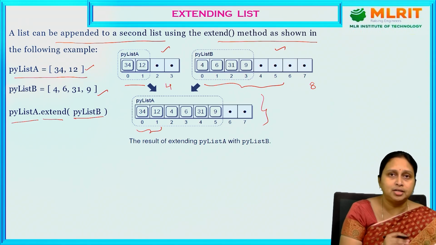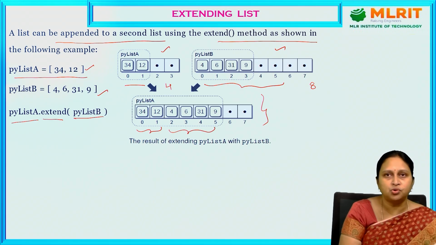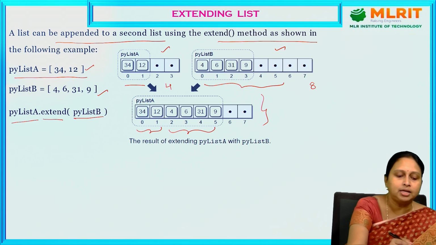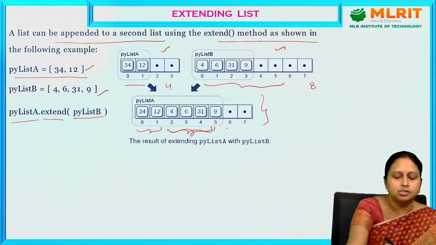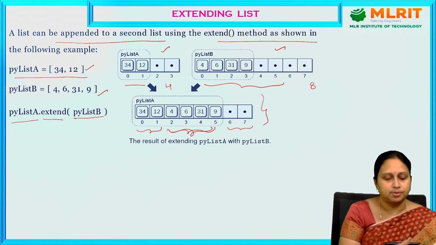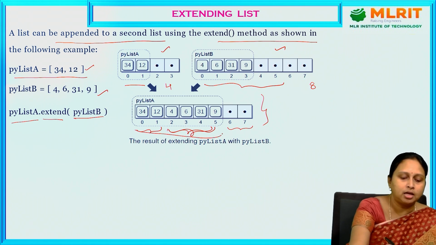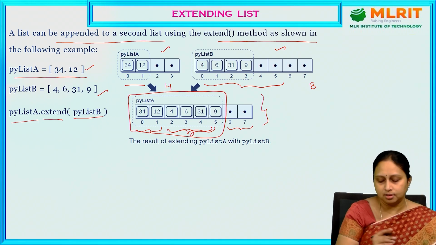The end of list A will be extended with the remaining elements, that is 4, 6, 31 and 9 will be added to list A. So we are still left with 2 more spaces, we can store or append 2 more elements into the list, right? This way we can append one list into another list.